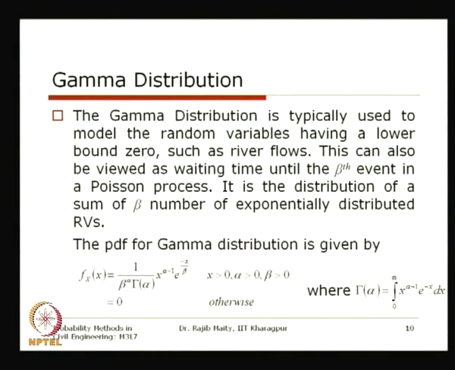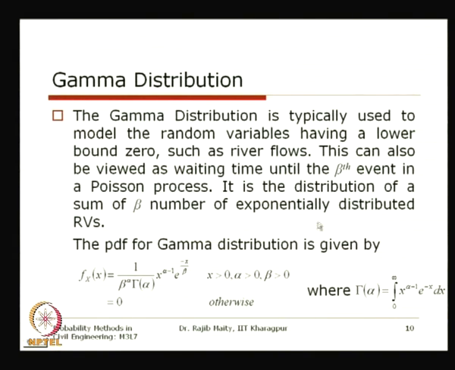Next we will discuss another distribution, known as the gamma distribution, which is also very important. While discussing bounds, we saw that the gamma distribution is similar to the exponential distribution from our previous lecture, with support starting from 0 to infinity, so it has a lower bound at 0.